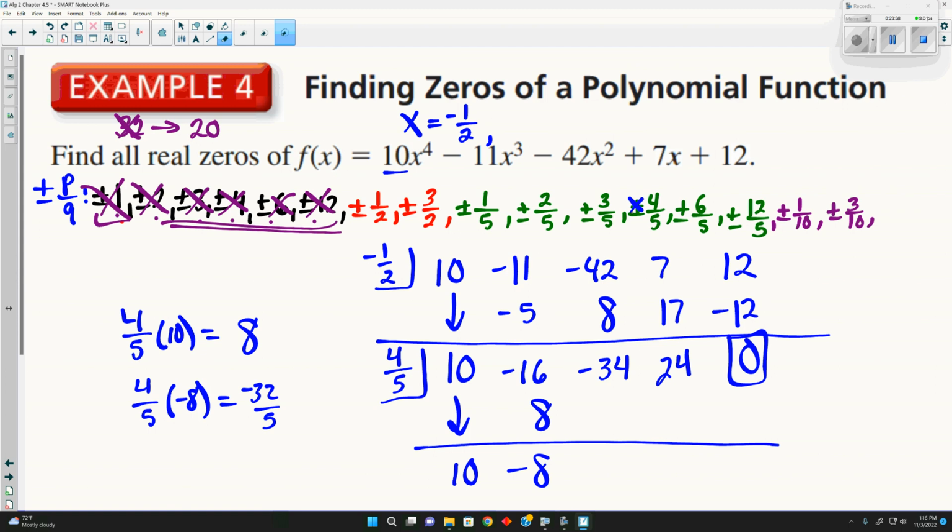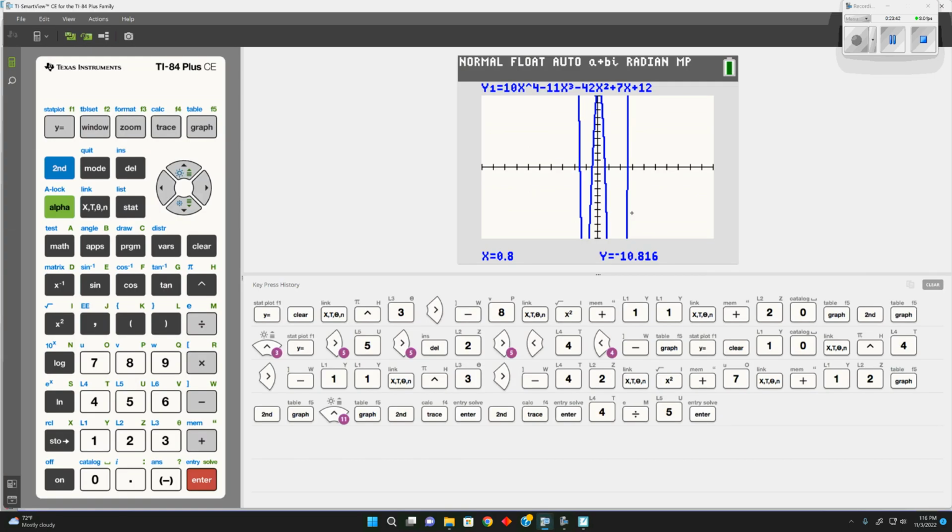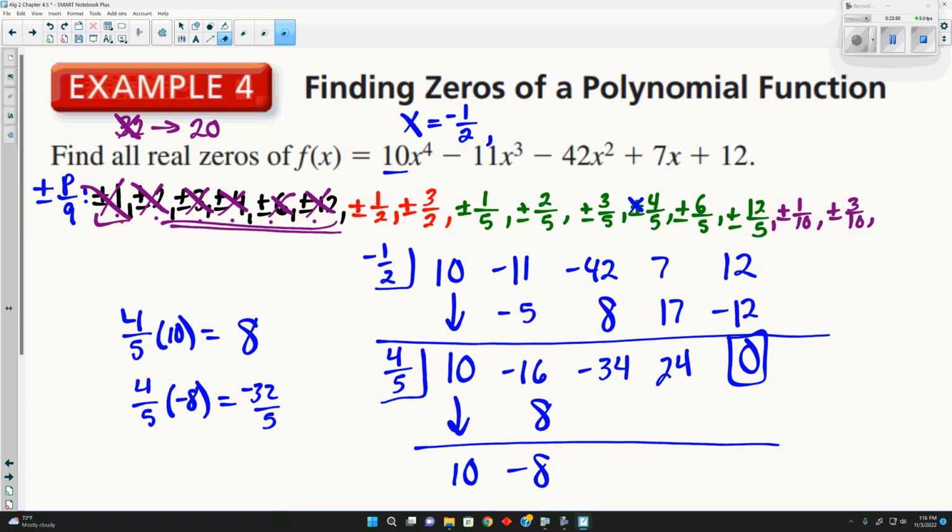Well, as we do see, because that 1 between 0 and 1 is close to 1. So 4/5 did not work. So let's see here, which other ones are close to 1? Well, positive 1/2 is not close to 1. 3/2 is too big. 1/5, 2/5, I'd say those are a little too small. 3/5 might work.